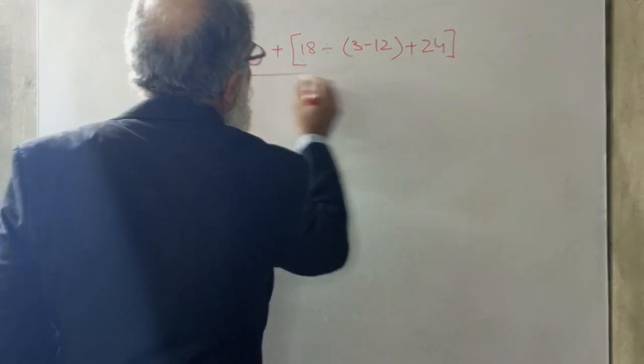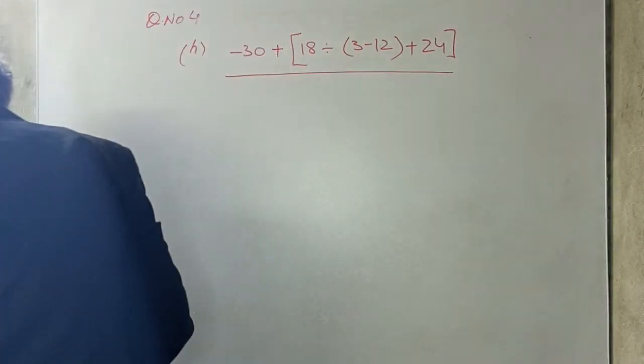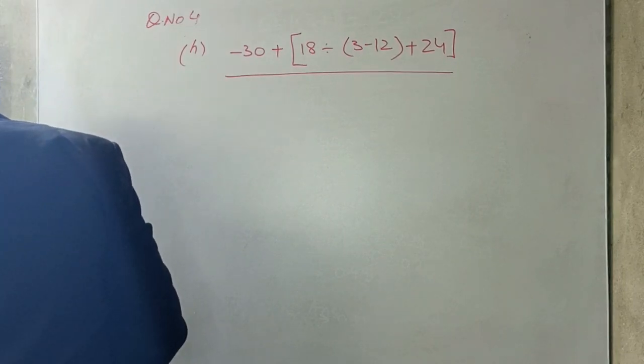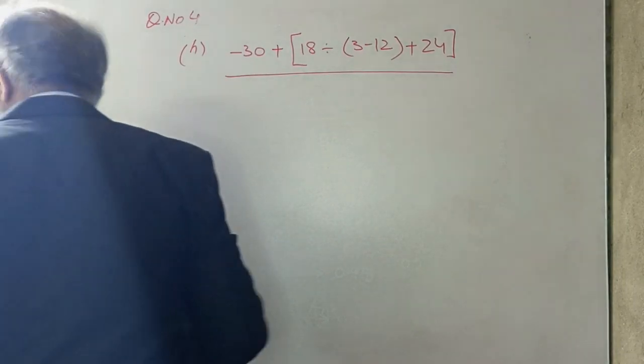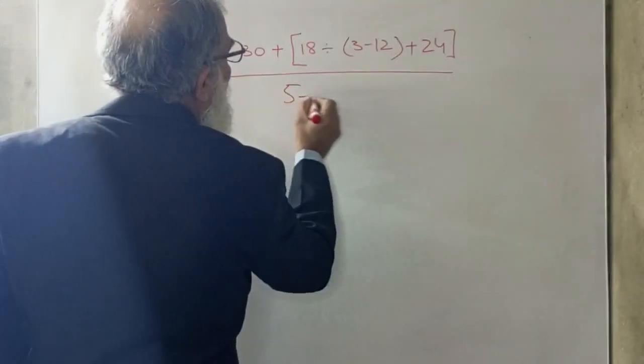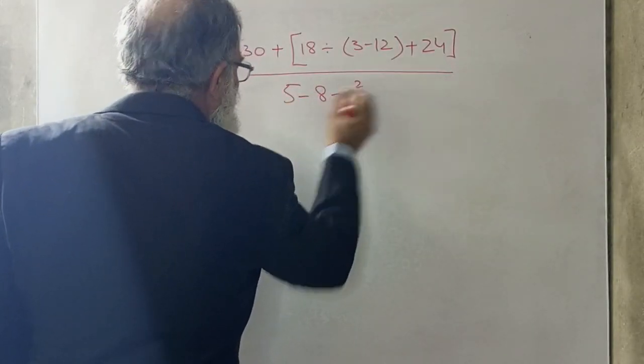And below it in the denominator is 5 minus 8 minus 3 the whole square.